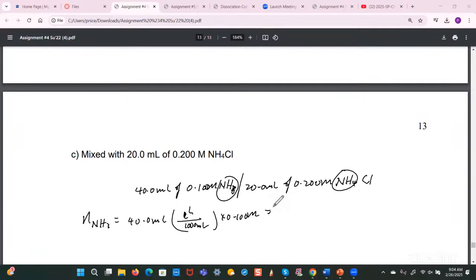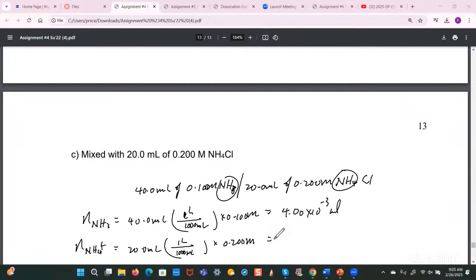And that gives you, according to my calculations, 4.00 times 10 to the minus 3 moles. And then I do a similar calculation for the ammonium, NH4 plus, right? And the volume for that is 20.0 mL, which I'm going to convert to liters, 1 liter over 1,000 mL, multiplied by its molarity, which is 0.200 M, right? So when I do that calculation, guess what?